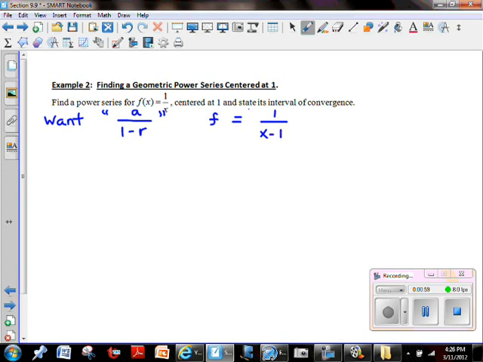The most often way that we could express that centering at 1 would be to look at the binomial x minus 1. But all the while, we've got to make sure that we preserve the value of this function. We cannot change the fact that it is going to have to be equivalent to 1 over x. Otherwise, we've completely found a power series expansion for a different function.